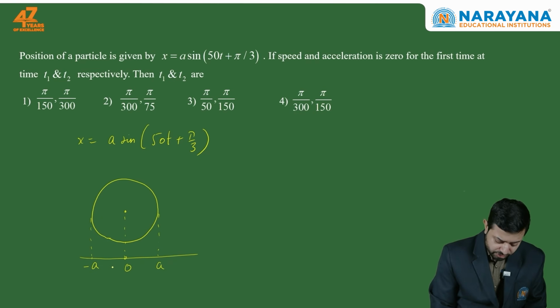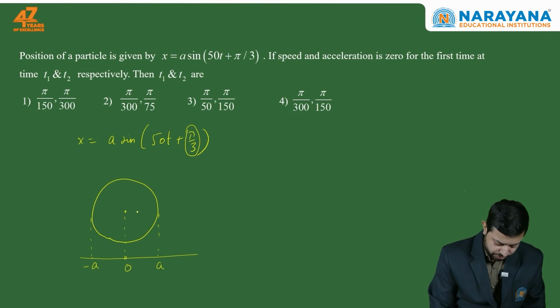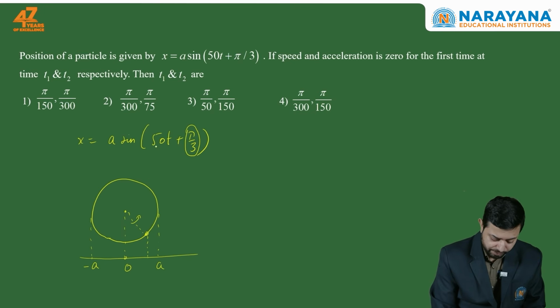So now it's starting from the initial phase angle pi by 3. Pi by 3 means that's your 60 degrees. So 60 degrees somewhere here, okay. It's starting from this position, right? This is the initial phase angle, and on the reference circle this radius is going to go like this with some omega, which is 50 radian per second. So the omega is there, okay?